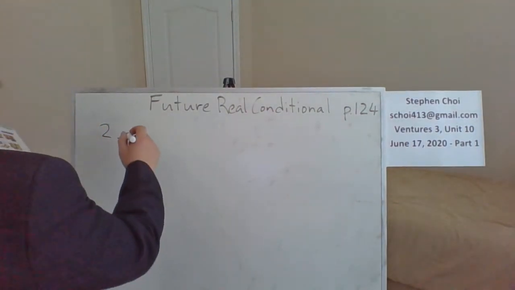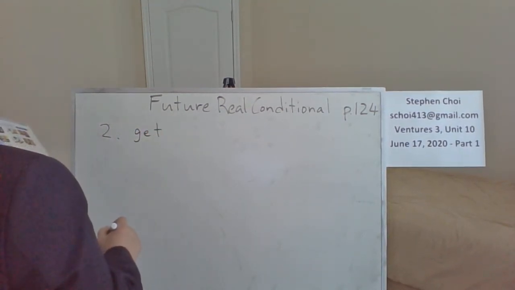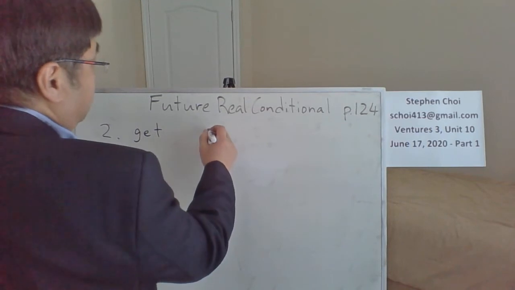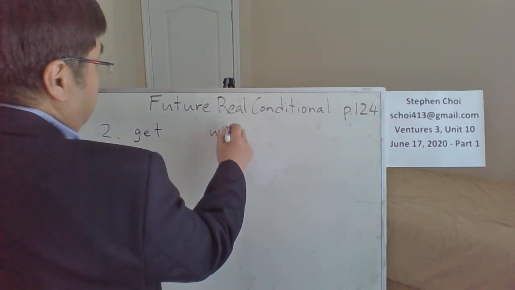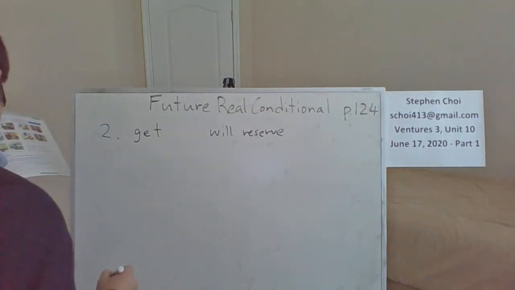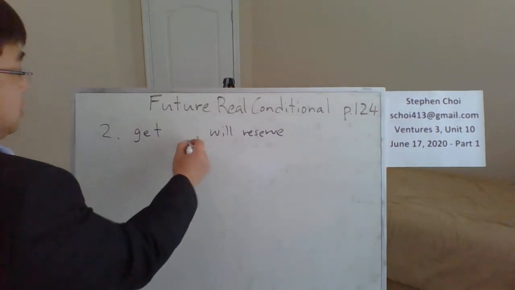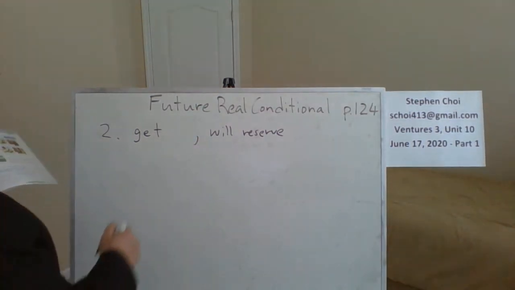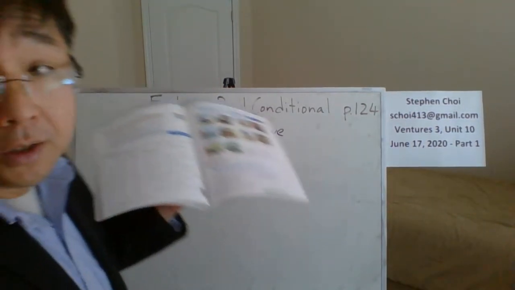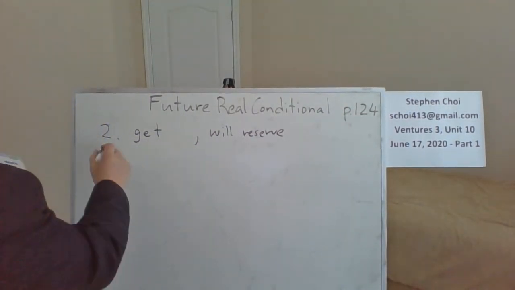If they get a discount, they will, the main clause is what? They will reserve a room at a hotel. And you see the comma there, right? Why? Because it begins with the dependent clause or the conditional clause. So when you begin with the conditional clause, you want to put a comma.